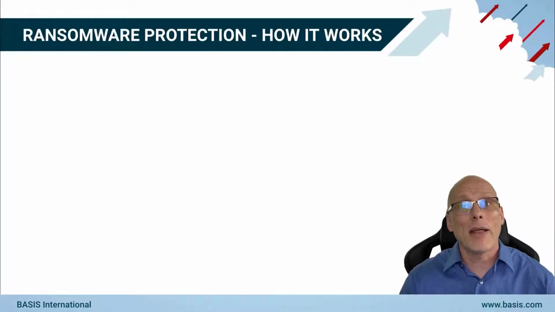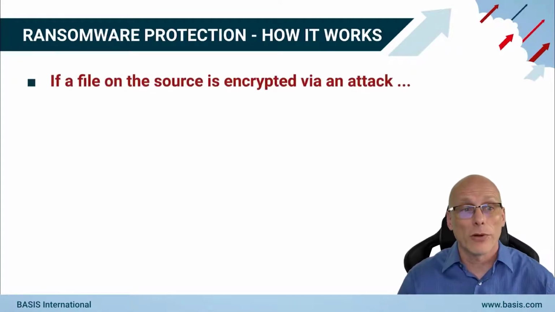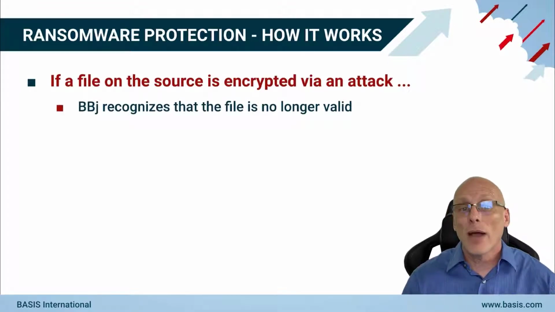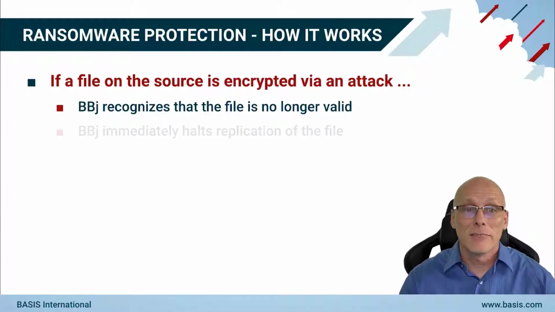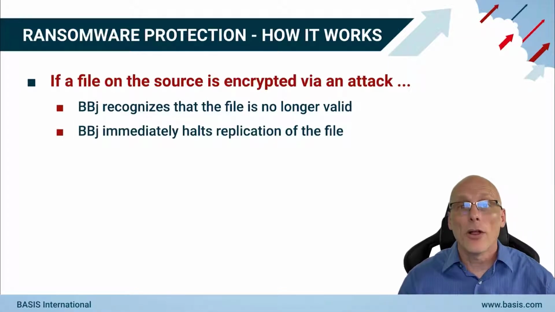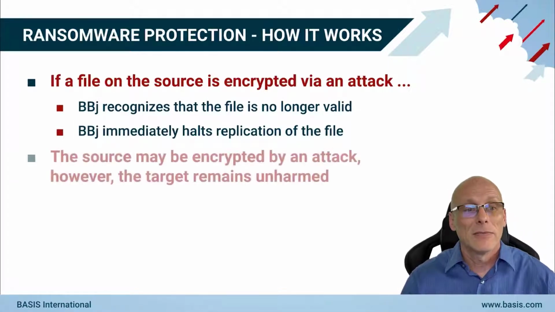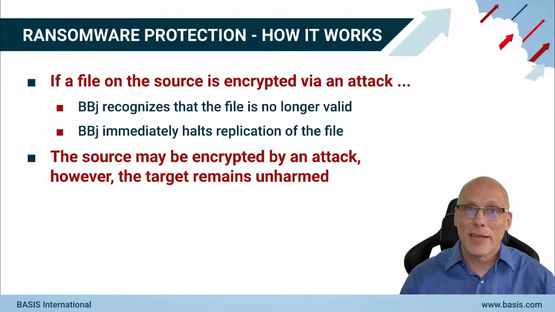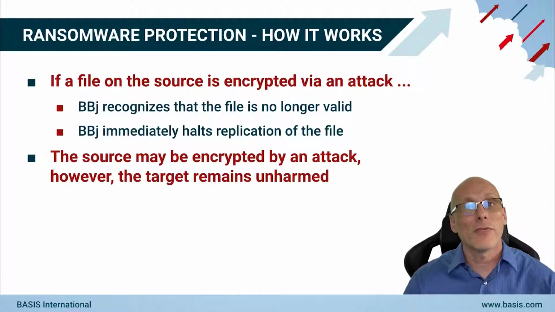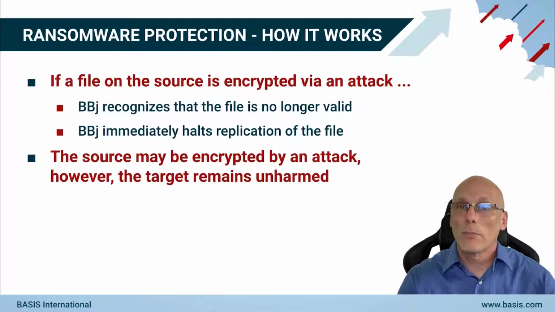So let's talk now about how this ransomware protection actually works. Well, if a file on the source is encrypted via an attack, BBJ recognizes that the file is no longer valid, and it immediately halts replication of that file. The source may be encrypted by the attack. However, the target remains unharmed, and that's because of the way, as I pointed out, how replication works.